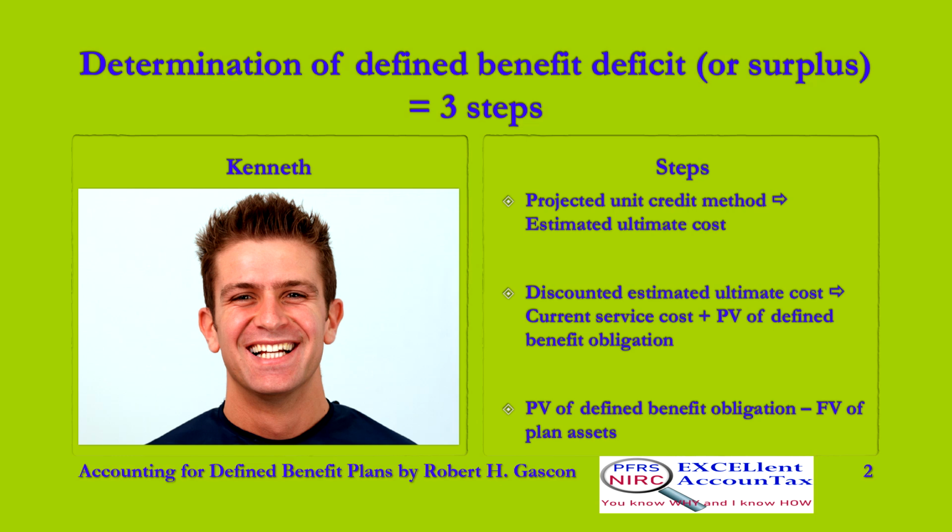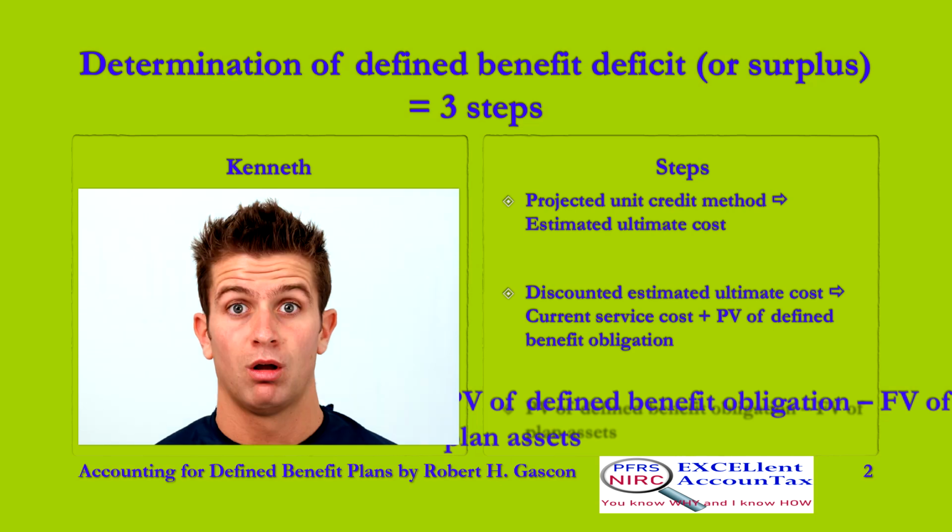And the fair value of any plan assets is deducted from the present value of the defined benefit obligation. In determining the defined benefit deficit, or surplus, the fair value of any plan assets is deducted from the present value of the defined benefit obligation.